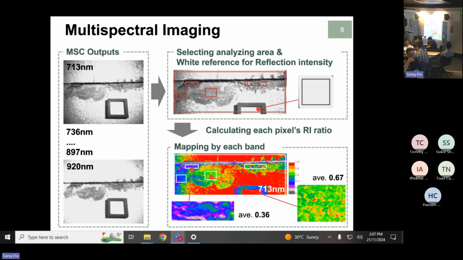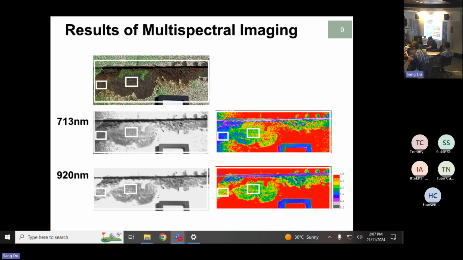This picture shows an example of the 713 nanometer band. As you can see in this area and that area, we can see differences in the average reflection intensity ratios. It also depends on the band number as well.